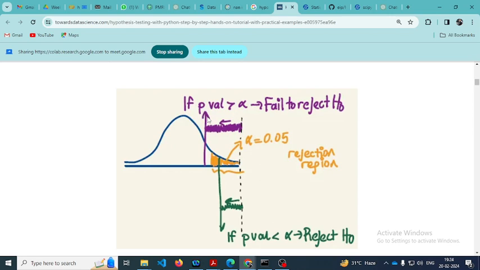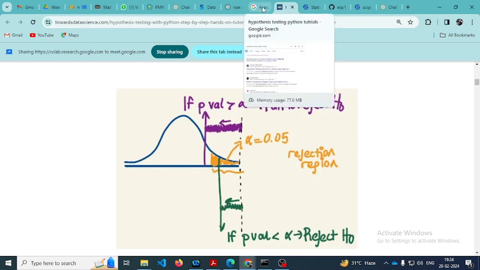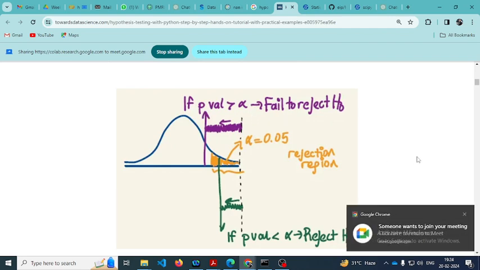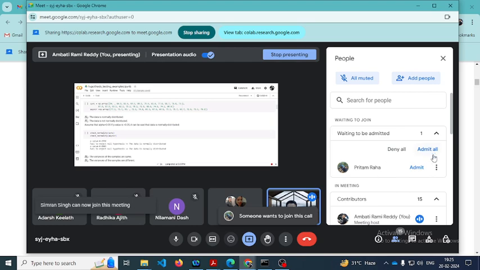If the p-value is greater than alpha, you accept it, or you can name it as fail to reject that hypothesis. So p-value less than alpha means you reject the null hypothesis, your main hypothesis. If p-value is greater than alpha, you fail to reject your hypothesis.